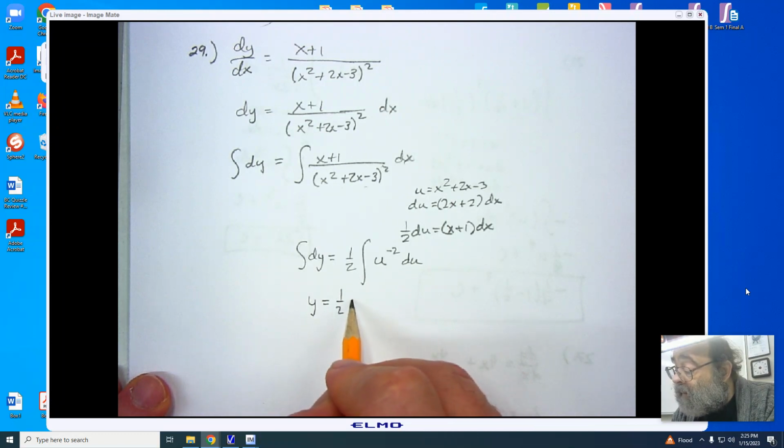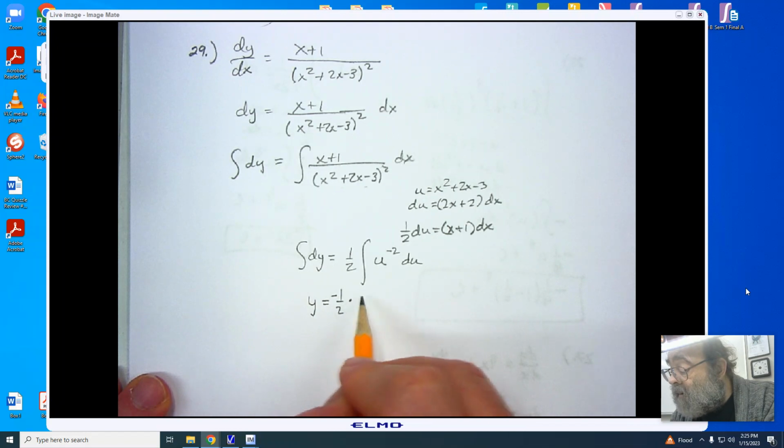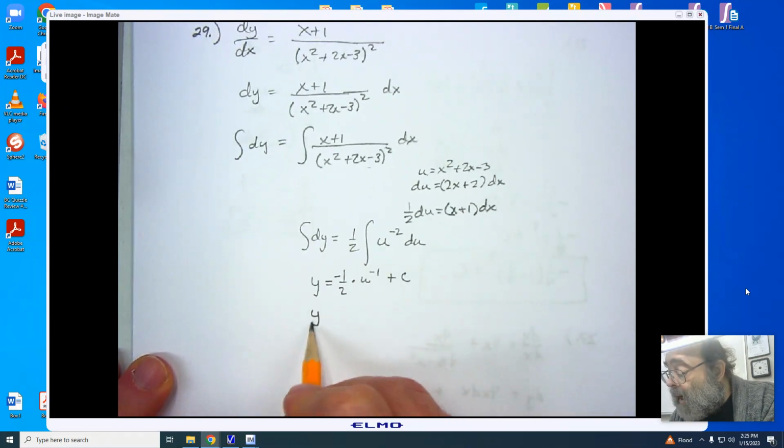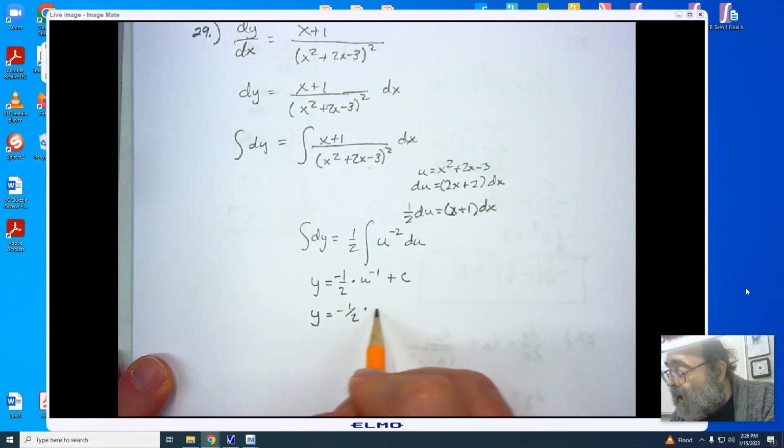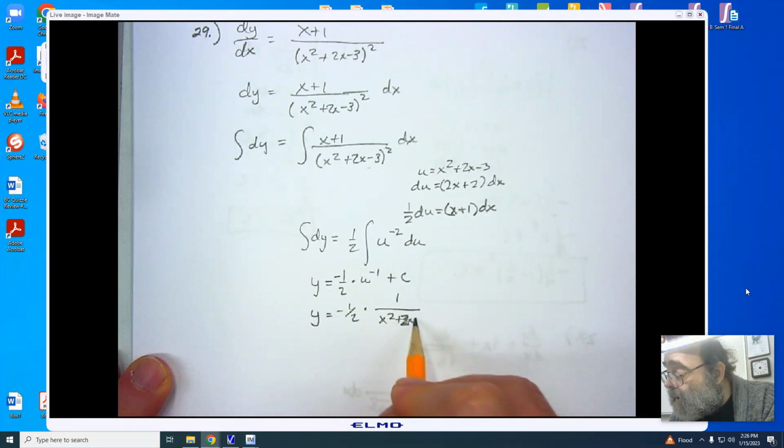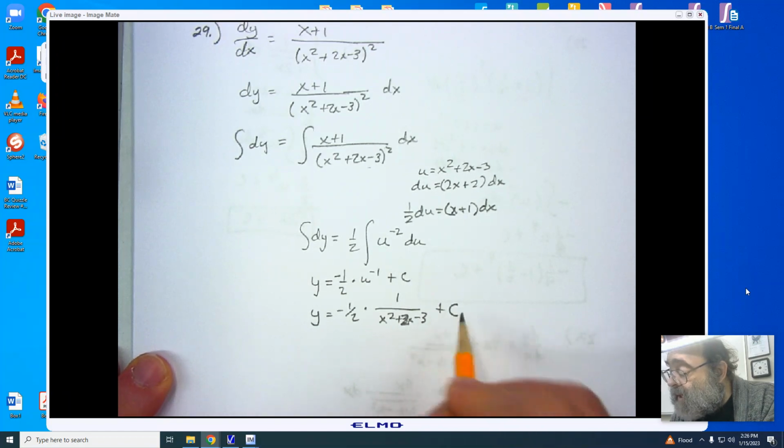We now have plus 1, so we're going to have a negative u to the minus 1 plus c. y is equal to negative 1/2. We're now going to multiply 1 over x squared plus 2x minus 3 plus c.